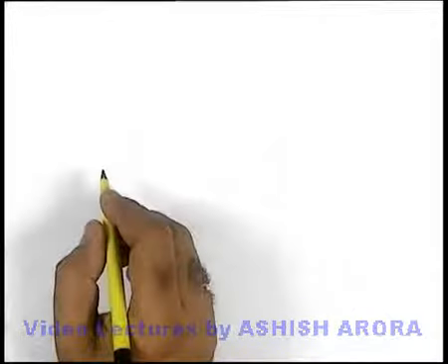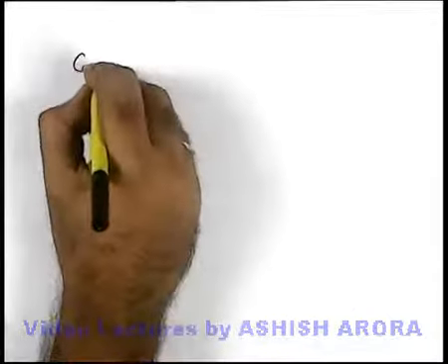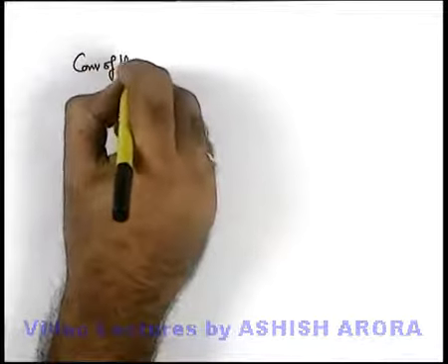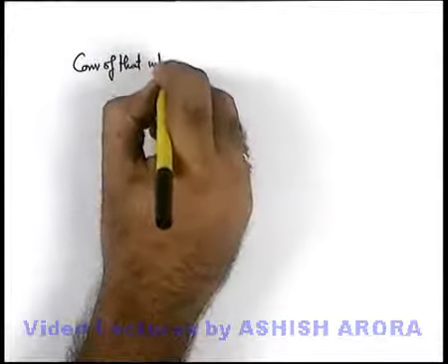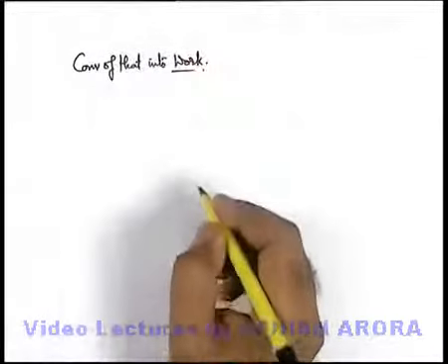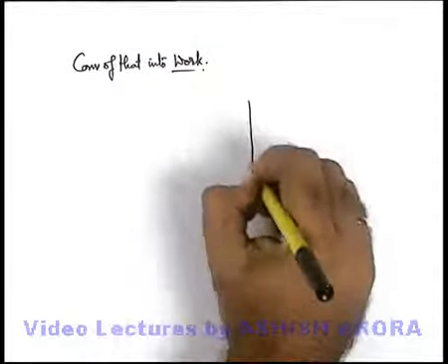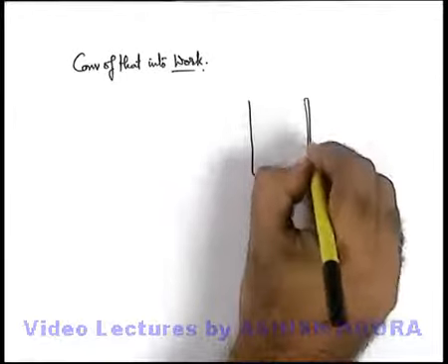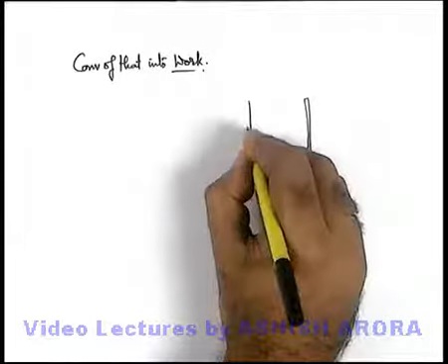Similar to this analysis, we can also discuss conversion of heat into work, which is a very common phenomenon as far as the first law of thermodynamics is concerned. This we already studied in detail in various processes.